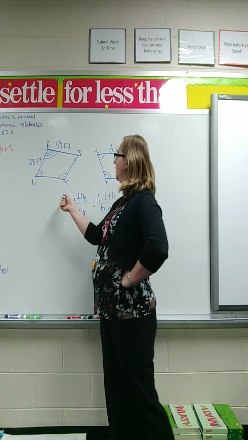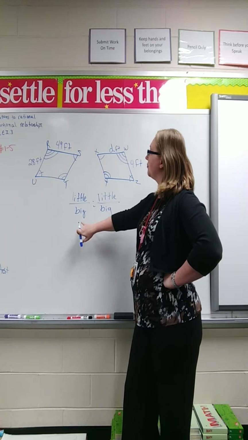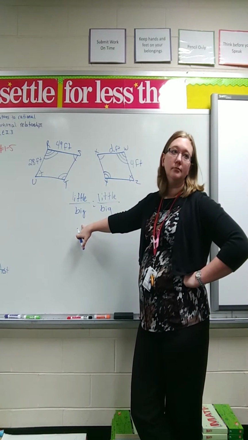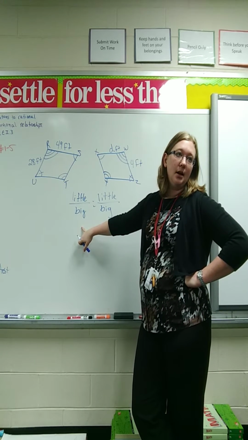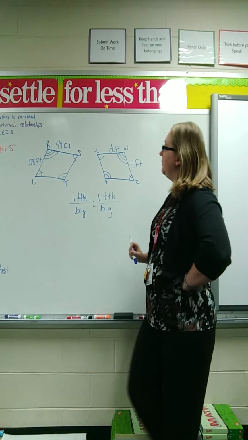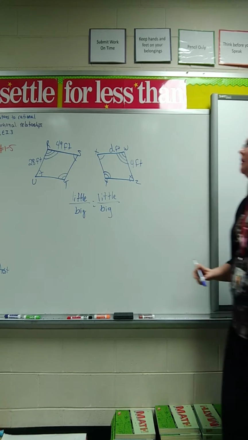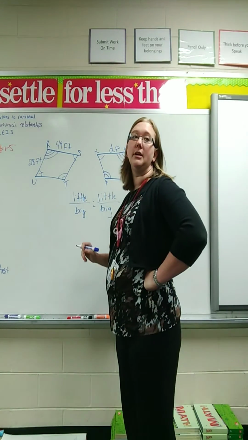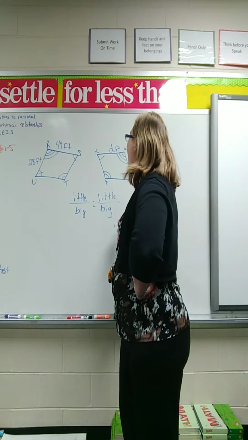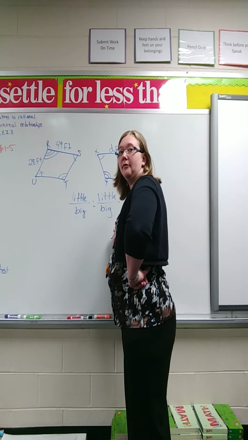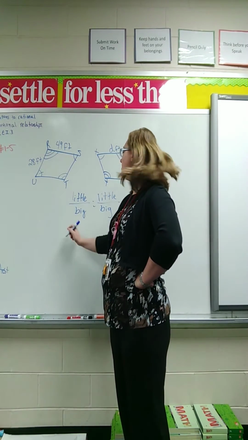What is my little dimension here? Is it going to be 49, 28, D, or 4? It's 4 and D. So we could either use 4 or D. We haven't done many problems with the variable on the left side, so let's use D first.